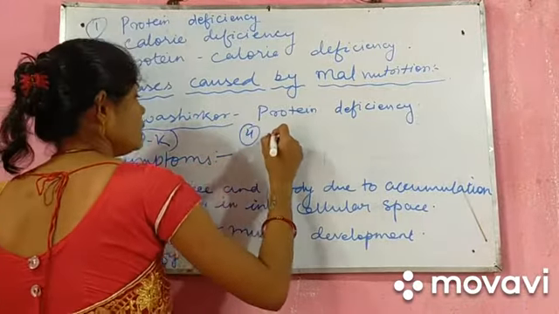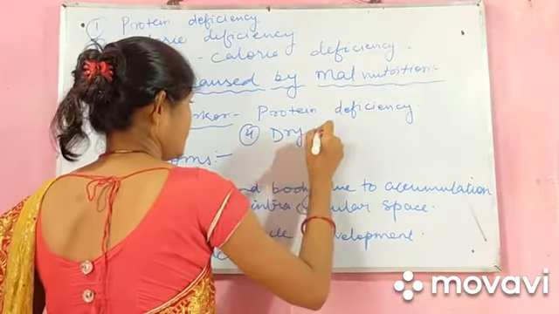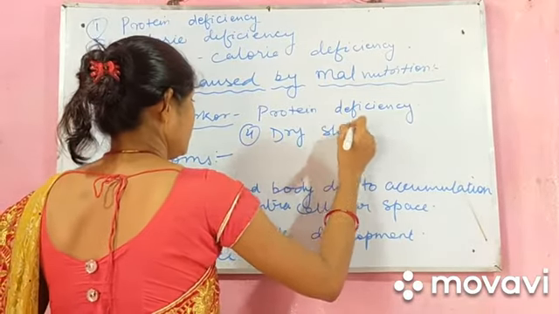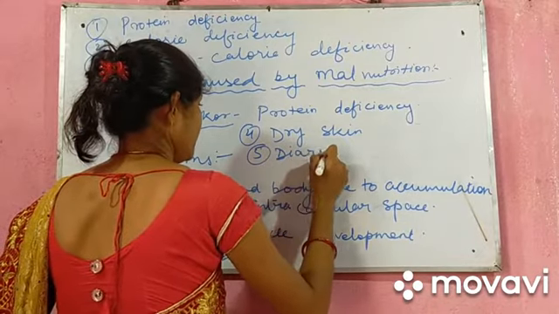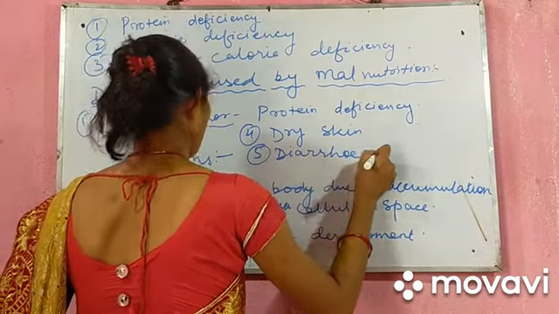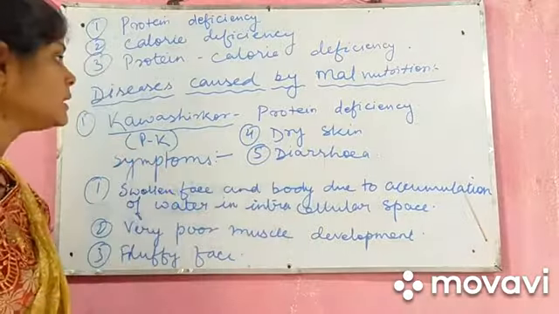Number 4, dry skin, diarrhea. Always these type of children suffer from these symptoms.